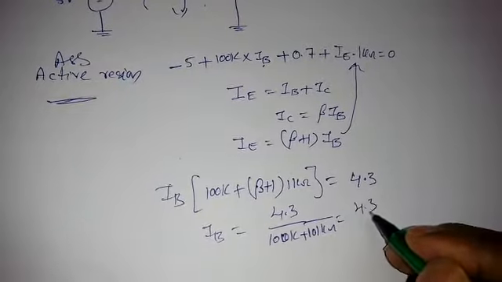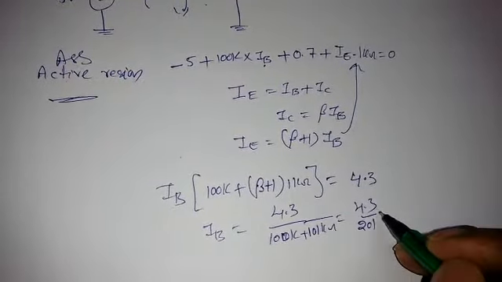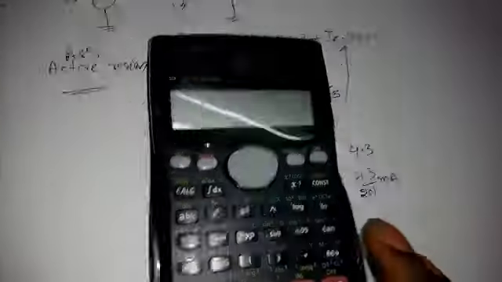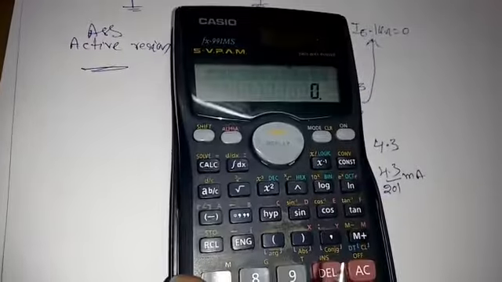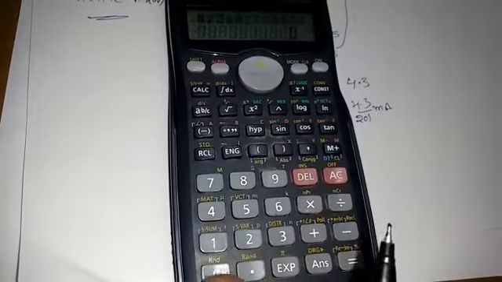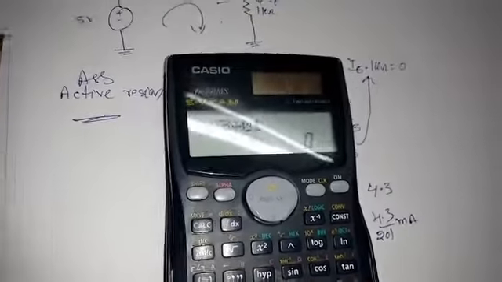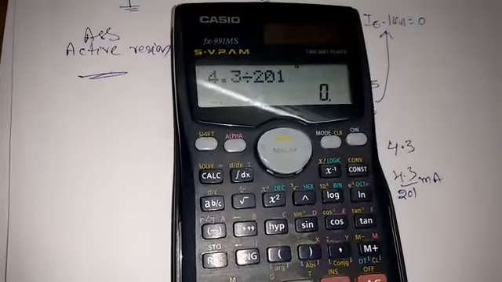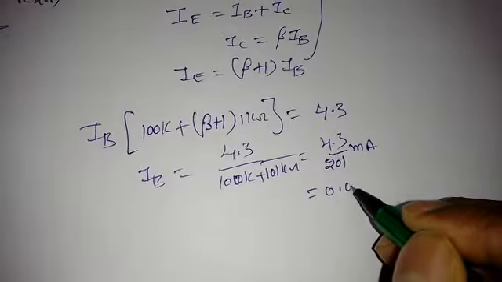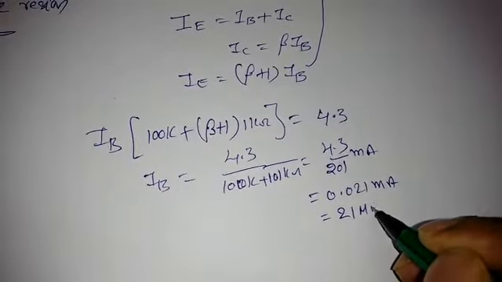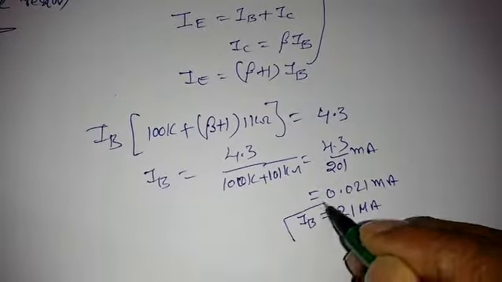So total it will become 4.3 by 201 kilo ohm. So 4.3 by 201 is 0.021 milliampere. So IB we got 0.021 milliampere, or we can say 21 microampere.